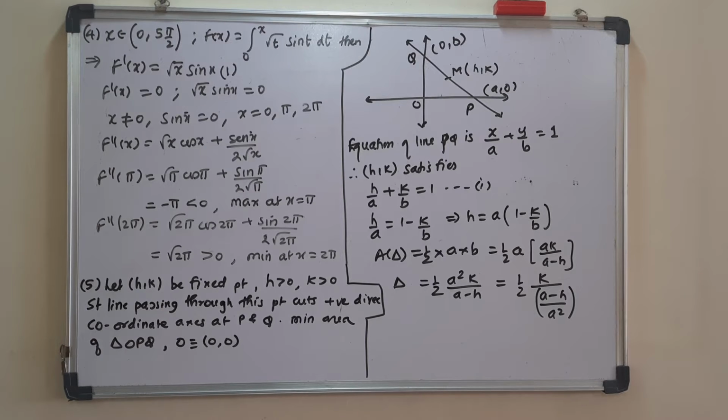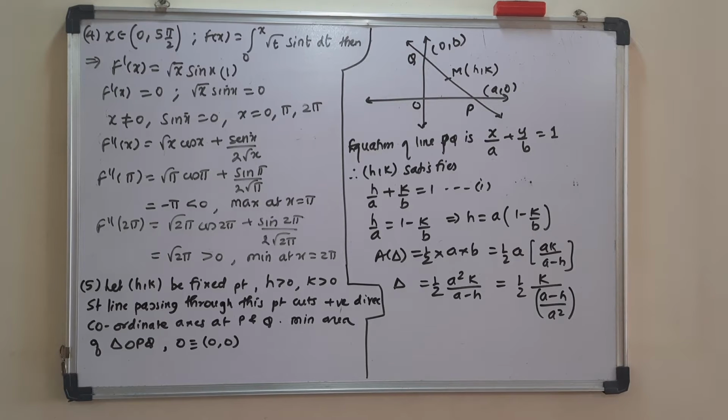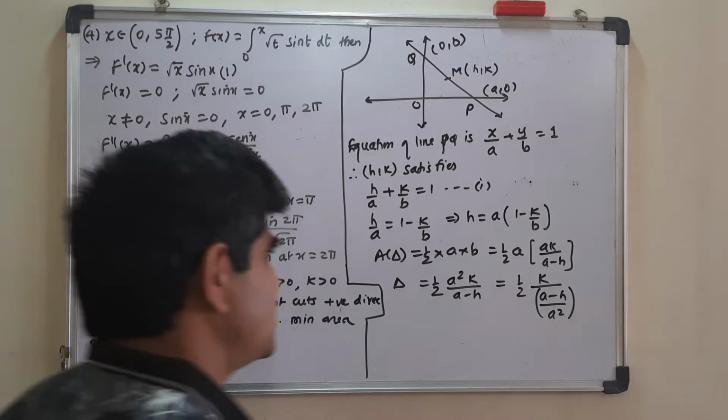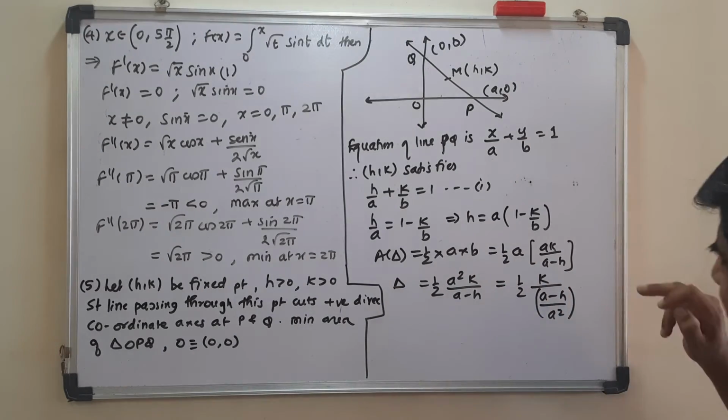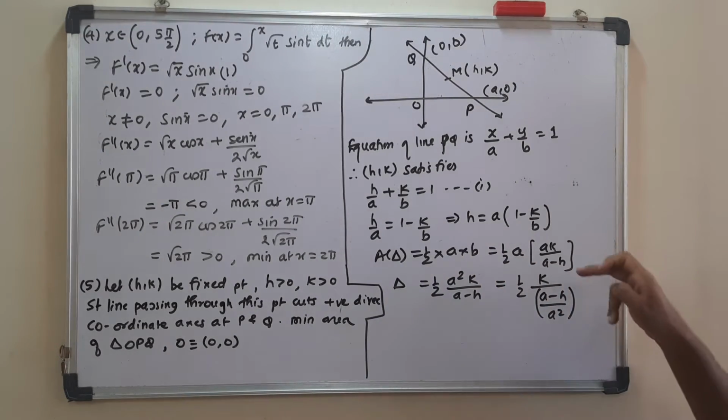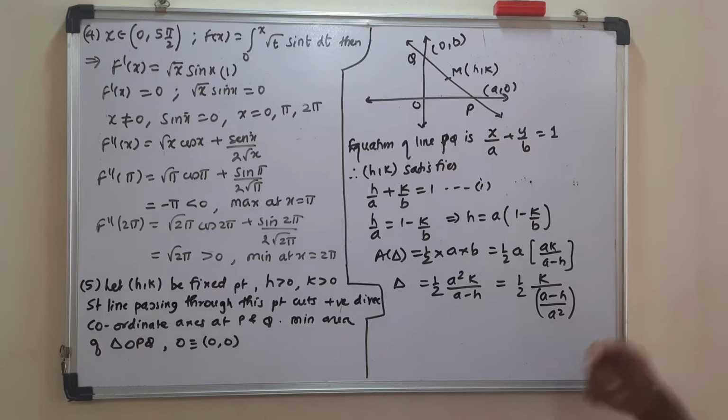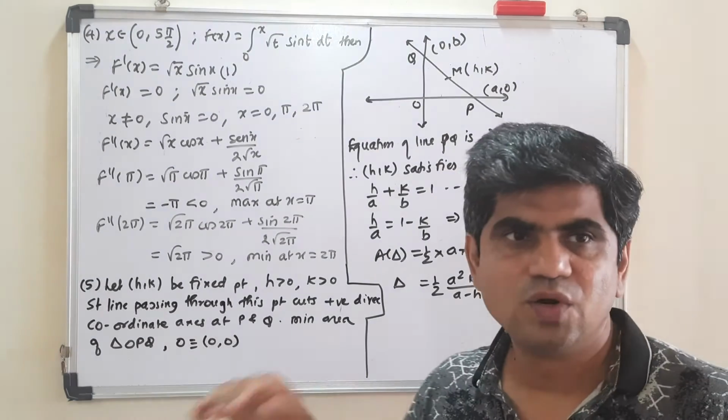That means if I want K upon something to be minimum, the denominator must be maximum, because K is some constant value. When I divide it by a particular value, if I divide 1 by 10 it is 0.1, then 1 by 100 is 0.01.